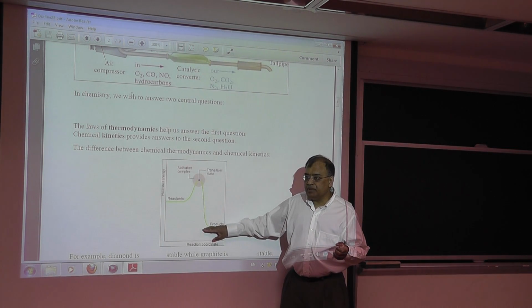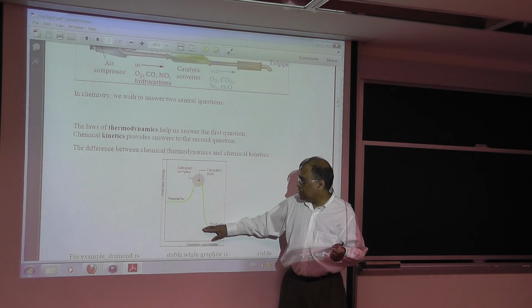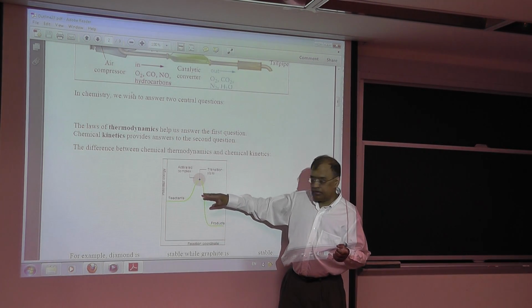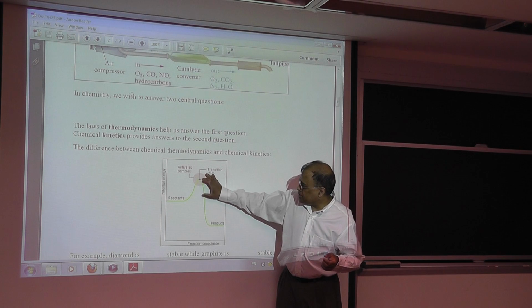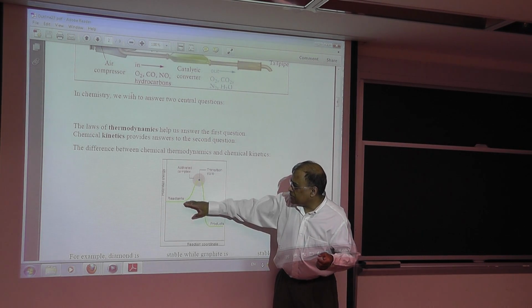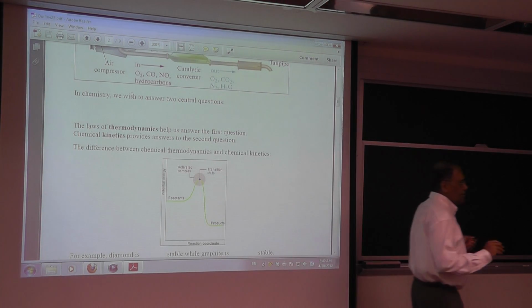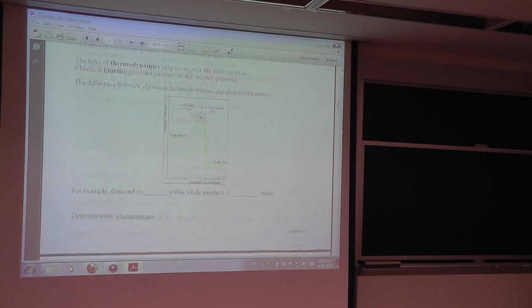Kinetics is determined by the activation energy. So it's the space between the reactants and that top transition state. The energy between the transition state and the reactants is the activation energy that determines the rate of a reaction.